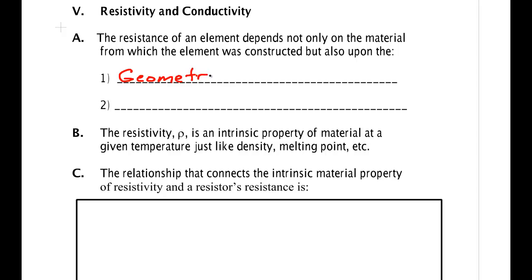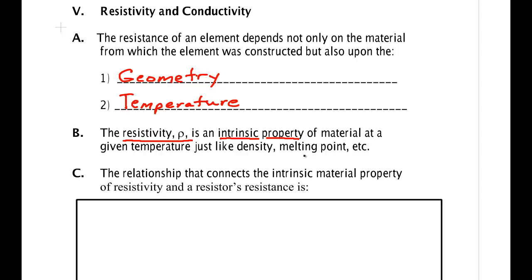So it's extensive, and it also depends upon the temperature. Now, there is an intrinsic property, at least for a given temperature, and that's called the resistivity, which is related to resistance, but not the same thing.